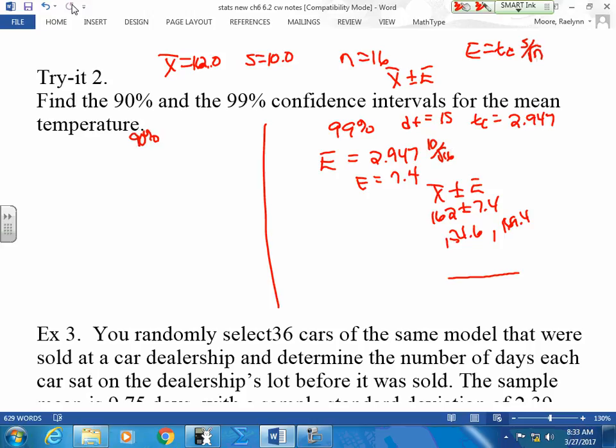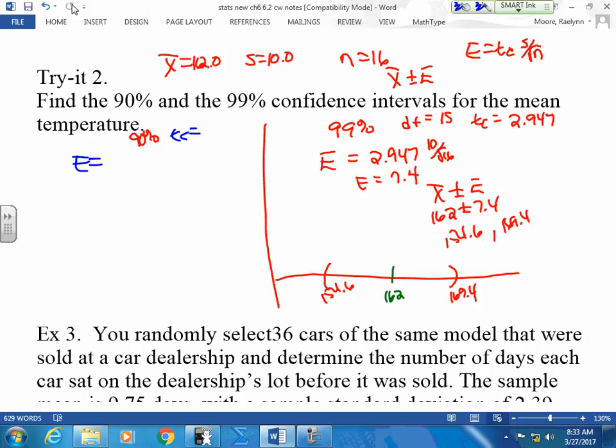I'm going to put this on a number line. I'm going to put my mean in the middle. This way we can see what happens here. So I'm going to put 154.6 and equal distance this way, 169.4. Okay. Anybody come up with a TC for this guy? Who's got the TC for me?